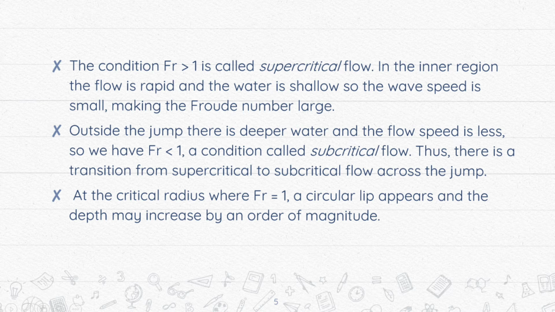Thus, there is a transition from supercritical to subcritical flow across the jump. At the critical radius where Fr is equal to 1, a circular lip appears and the depth may increase by an order of magnitude.